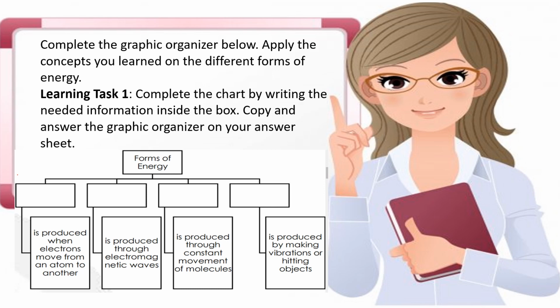What do you think is the form of energy that is produced when electrons move from an atom to another? Next, produced through electromagnetic wave. What form of energy is that?